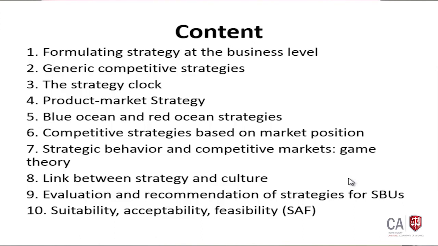Number 7, strategy behavior and competitive market game theory. This game theory is connected with number 6. Number 8, we try to discuss the link between strategy and culture. Number 9, evaluating and recommending strategies for SBUs. Under that we will look at the 7S model and the SAFE model.